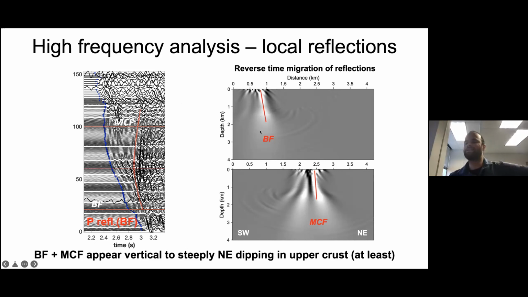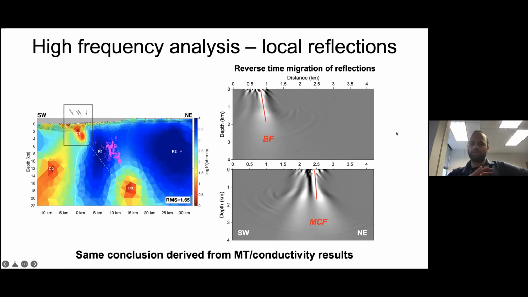And as you can see, once again, it's quite consistent. Even with this very different data set, we once again see these very vertical to steeply northeast dipping fault interfaces associated with the San Andreas fault zone at this specific site. But of course, many of you at IGPP have done work along other sections of the same fault, and you've shown similar features.